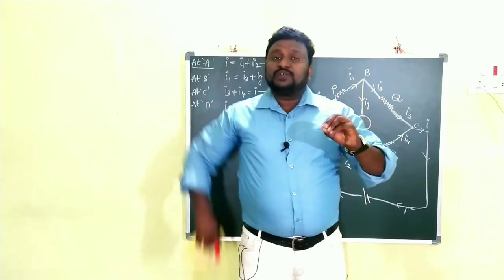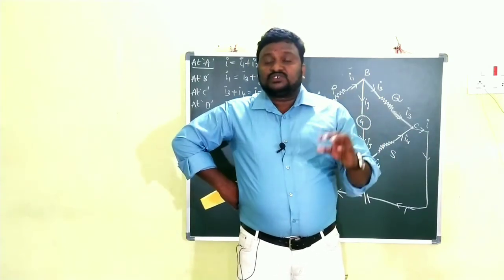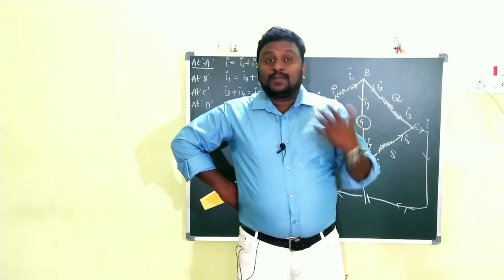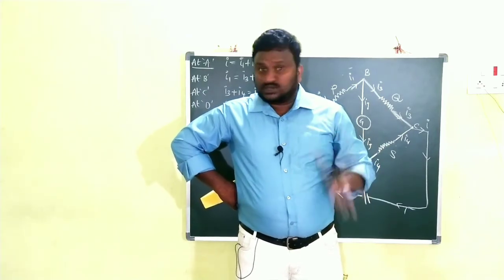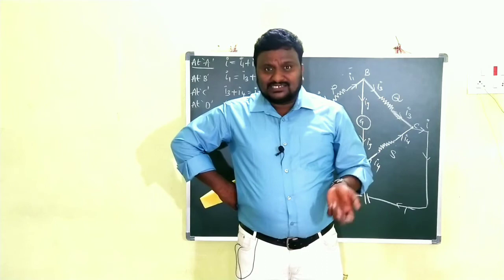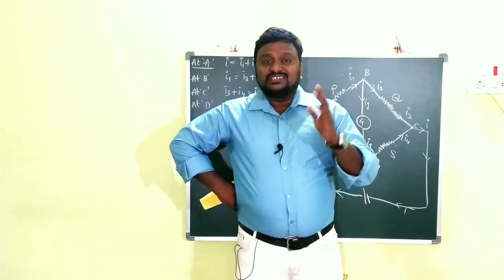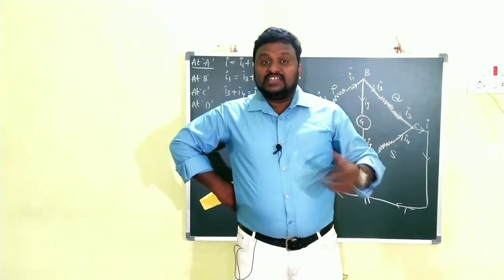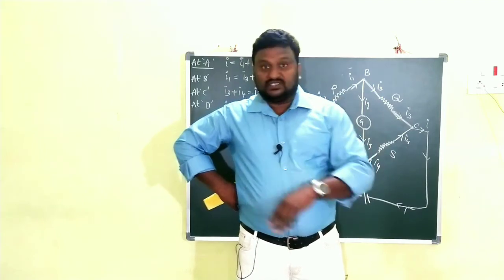In the previous video, I clearly explained which rules we have to follow to apply the Kirchhoff second law for a closed loop. First we have to decide the direction of moving, either clockwise or anti-clockwise.